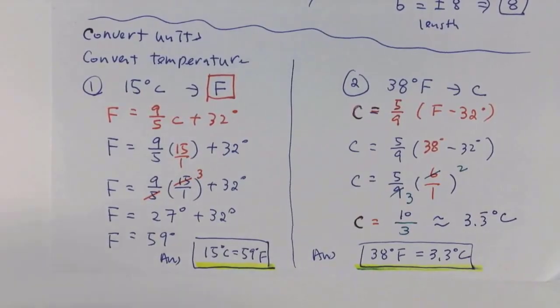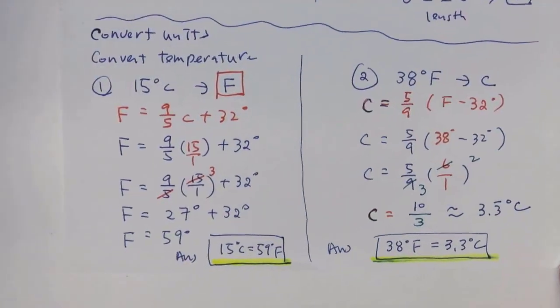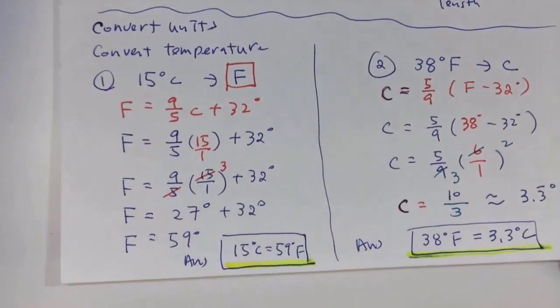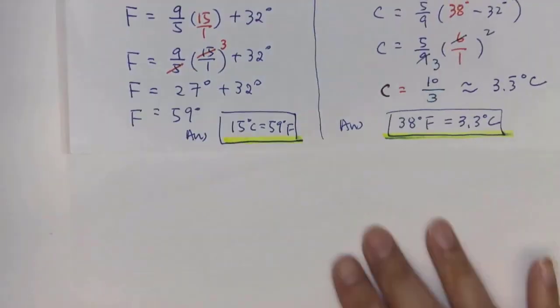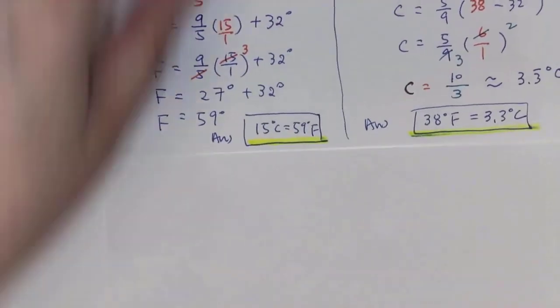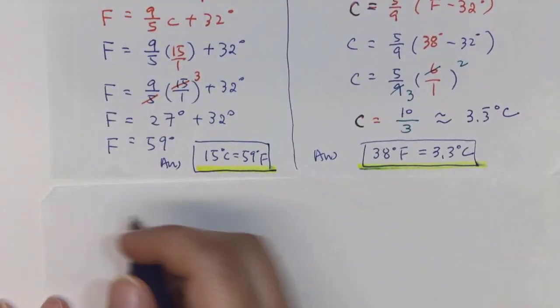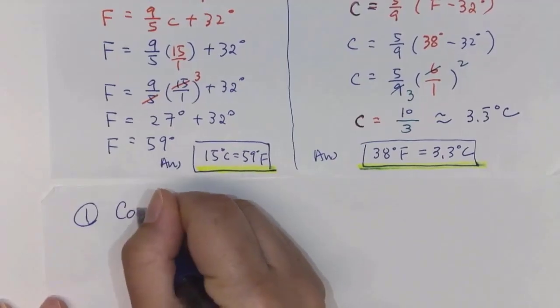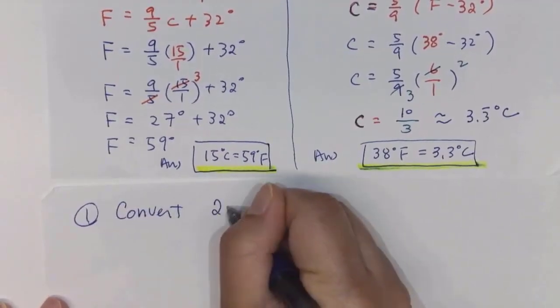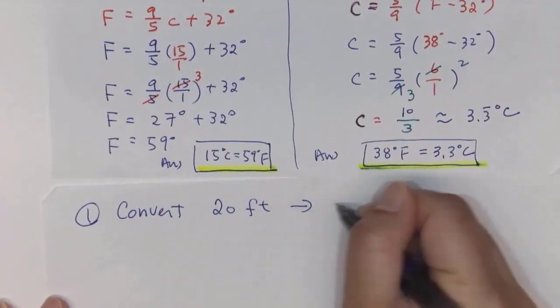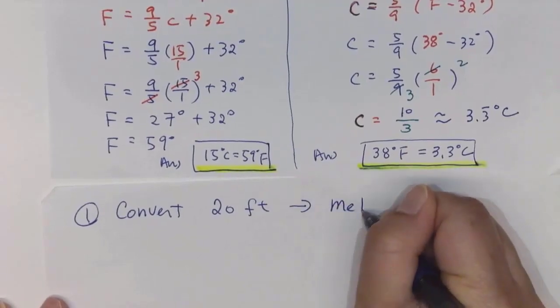Okay, I need to show you at least 2 more so you can do your homework. So one of them is converting how many feet to how many meters? 20 feet to meters.